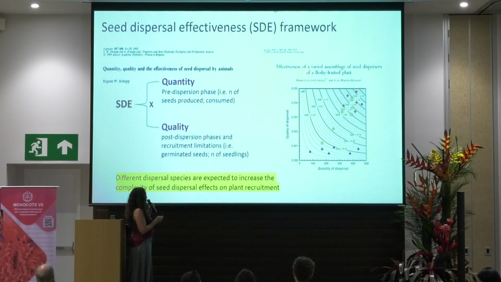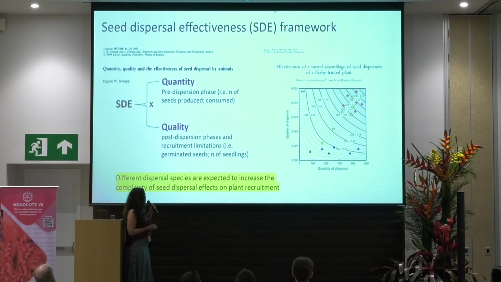So we can see in these isolines here that the groups that are more on the upper diagonal side are more effective dispersers than the others that are here.